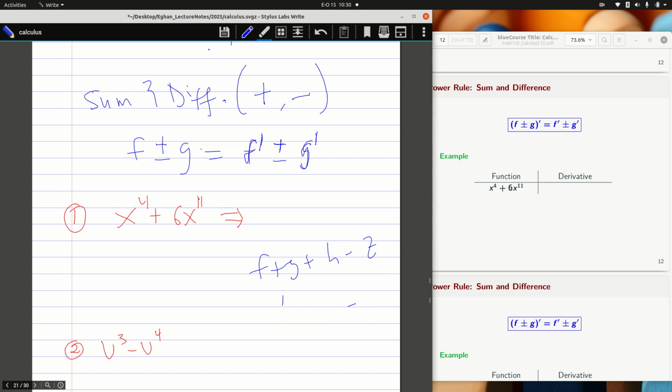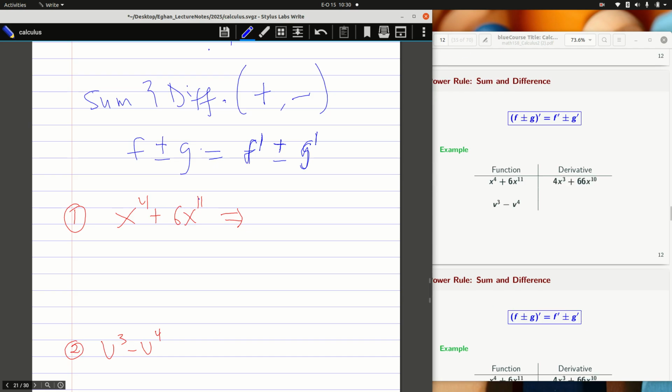So exactly, let's take 3 examples and then we move to the last thing. Example 1, I have x to the power 4 plus 6x to the power 11. You can do this by the power rule. So I'm going to get 4x to the power 3 plus 66x to the power 10 as my answer.